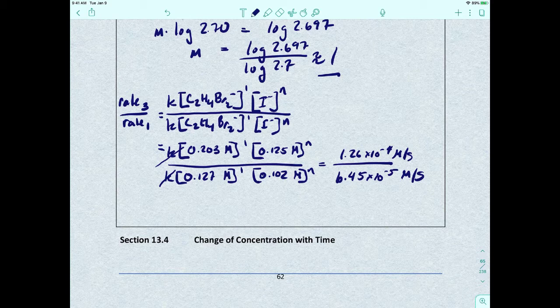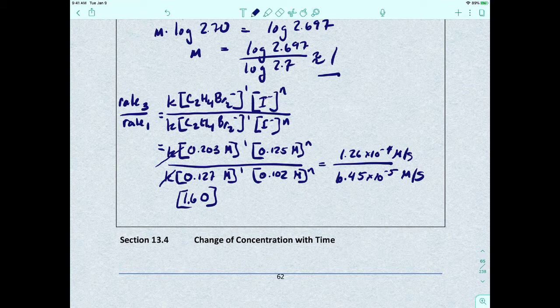Now, if we take 0.203 divided by 0.127, that should give us 1.5984. So if we round that up, that would be 1.60. Okay, so I'm going to put that in brackets, so that way we know we've taken care of that.